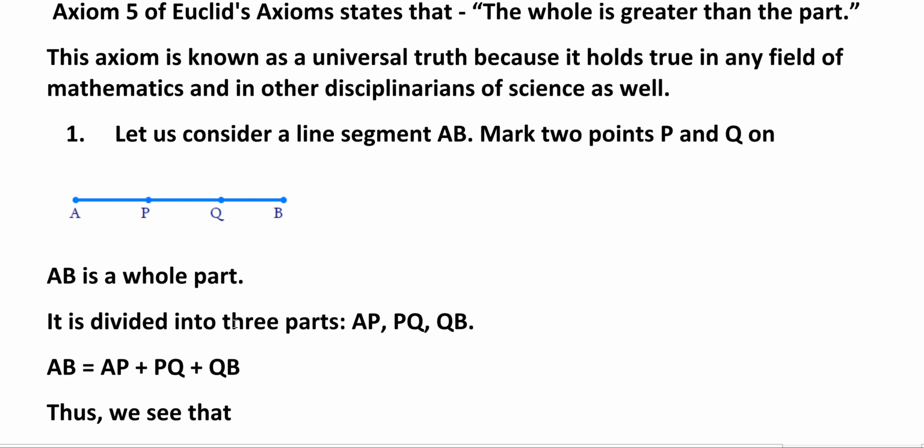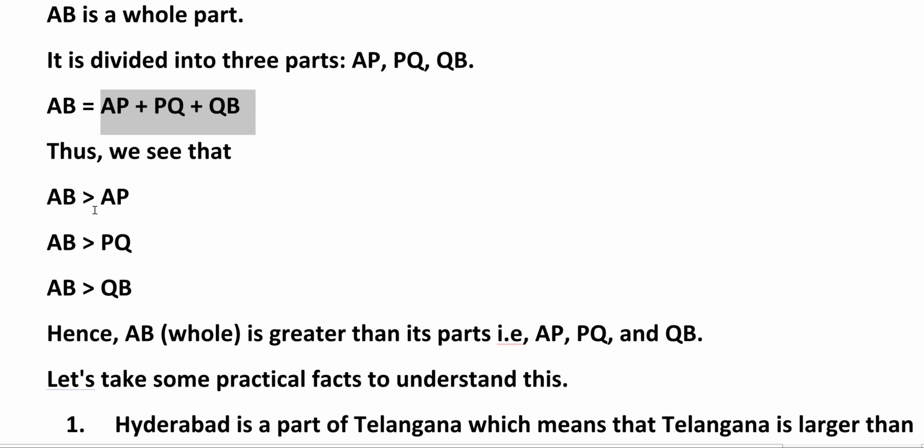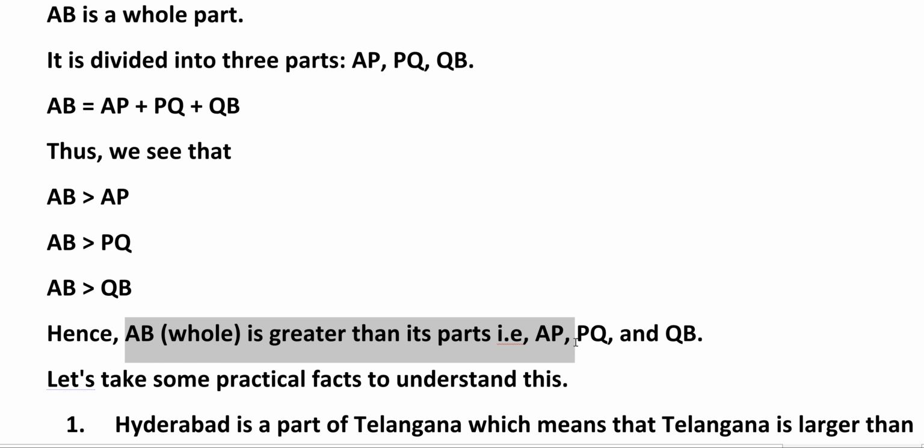It is divided into 3 parts: AP, PQ, and QB. So AB is equal to AP plus PQ plus QB. Thus we see that AB is greater than AP, AB is greater than PQ, AB is greater than QB. Hence the whole AB is greater than its parts, that is AP, PQ and QB.